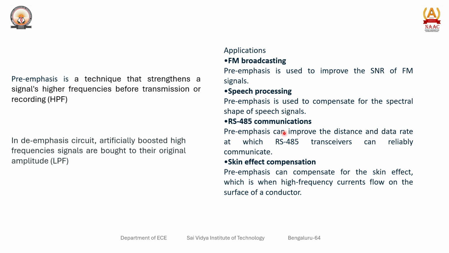RS-485 communication, which is used for long distance communication, relies on pre-emphasis and de-emphasis circuits. Skin effect compensation, where high frequency current flows on the surface of a conductor, also uses this type of circuit.